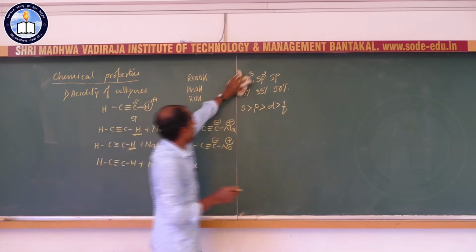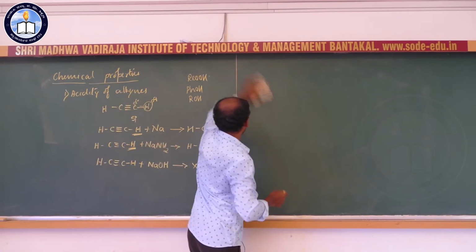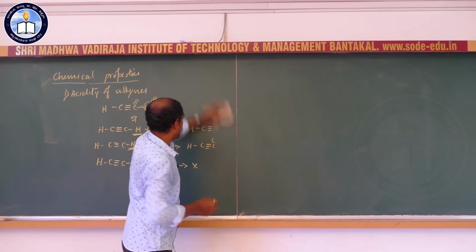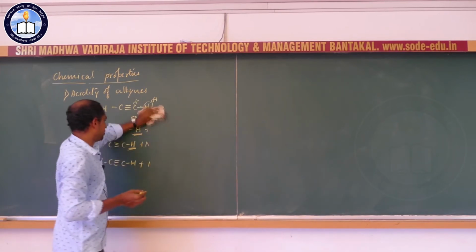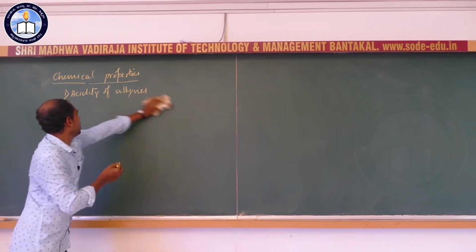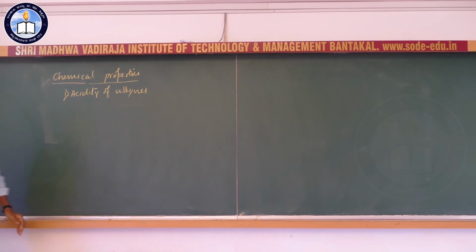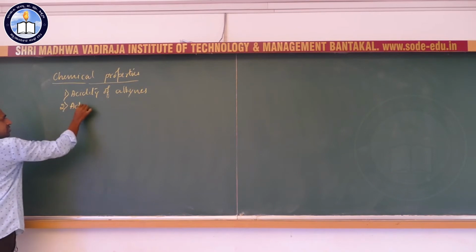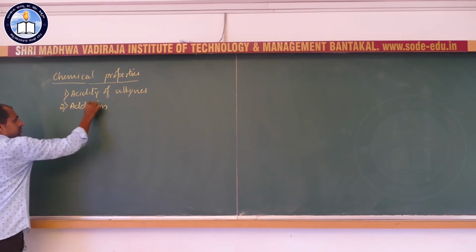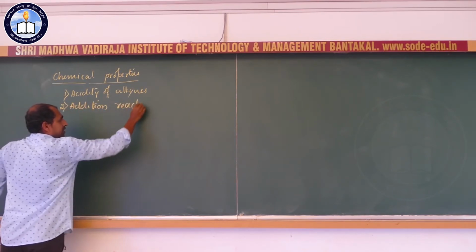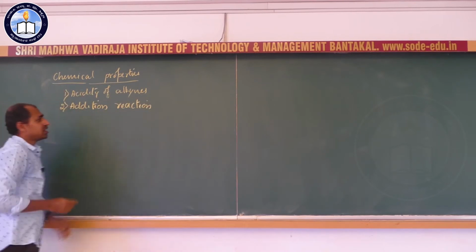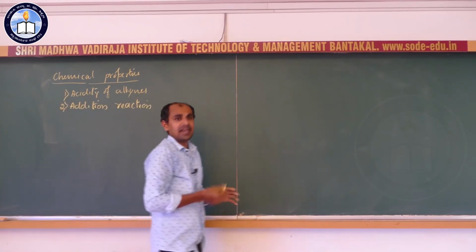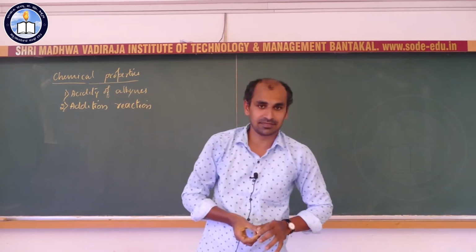Let us see other chemical properties of alkyne. Another important property is addition reaction. You see, alkynes have unsaturated bonds, unsaturation. The moment a compound has a pi bond, it undergoes addition reaction.